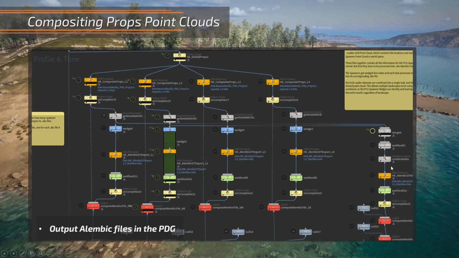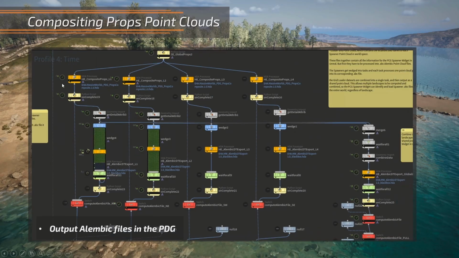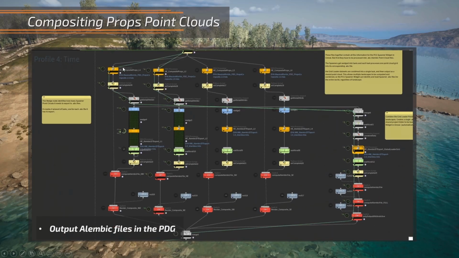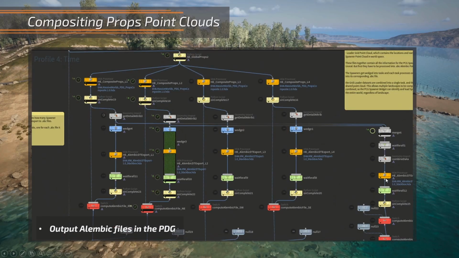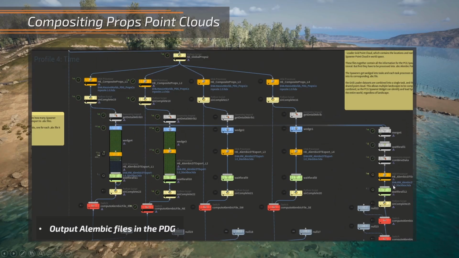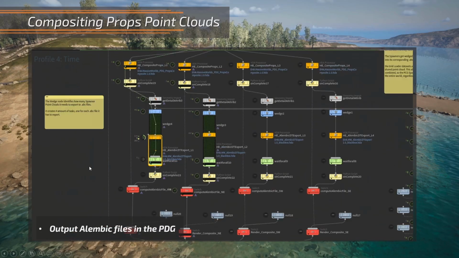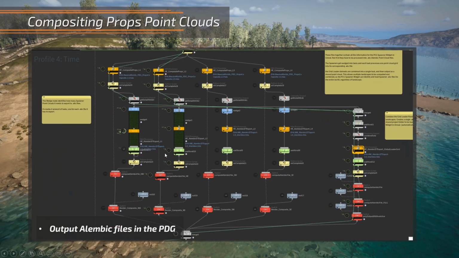And then on the right, we have this node here, which collects the data from both composite props data sets, specifically the loader grid information, combines it together and outputs it as a single file. This is how this single file can know the data from both data sets simultaneously.